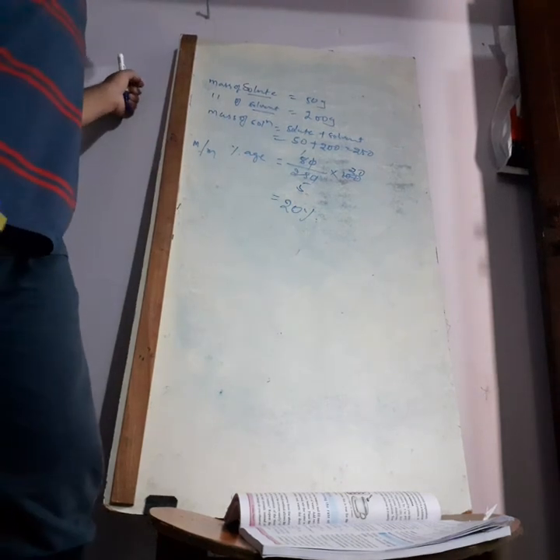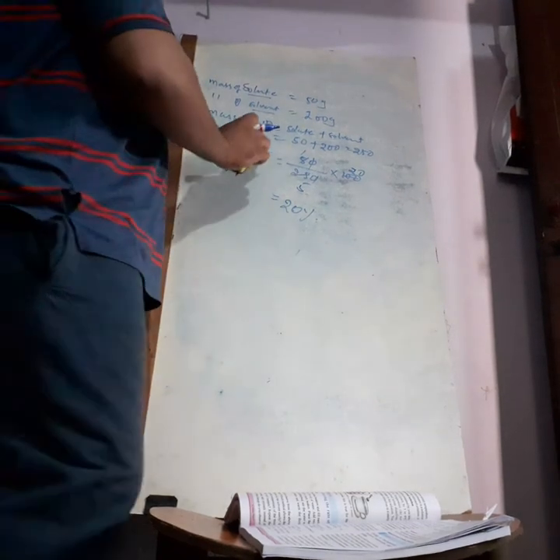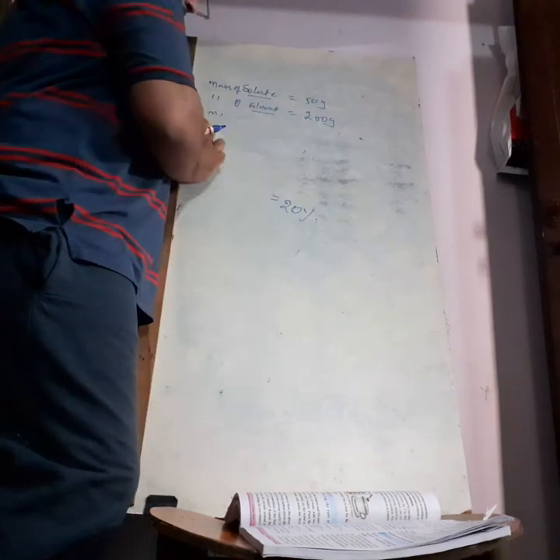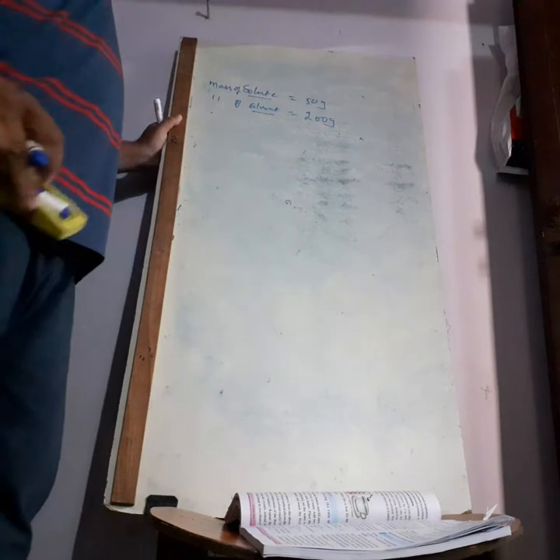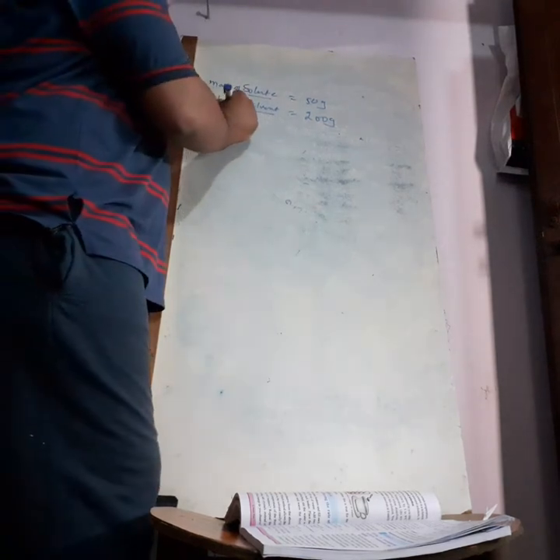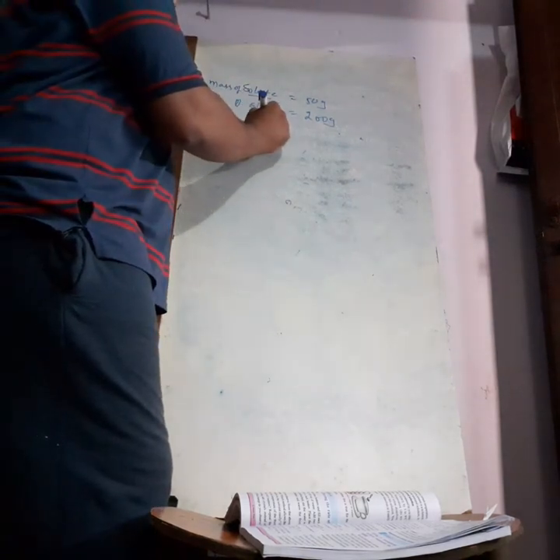Like this, he has given you one more example. He has taken 80 ml of solution. Directly he has given you the volume, so there is no need to calculate it.